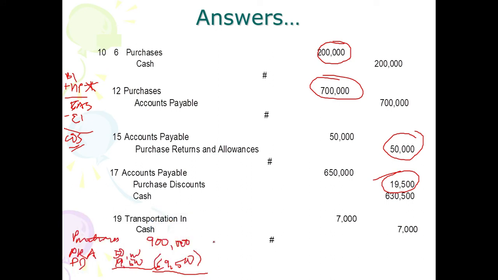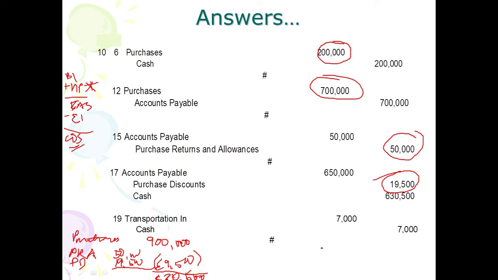I repeat, that's 900,000 minus 69,500, which should be 830,500. Plus the transportation in of 7,000, we should come up with net purchases of 837,500.